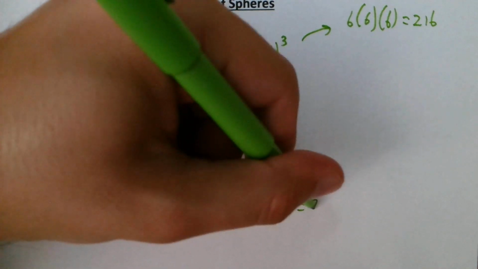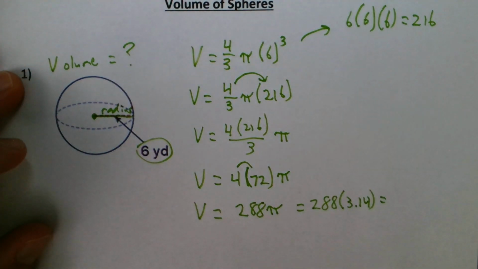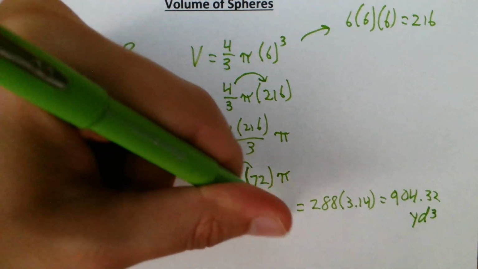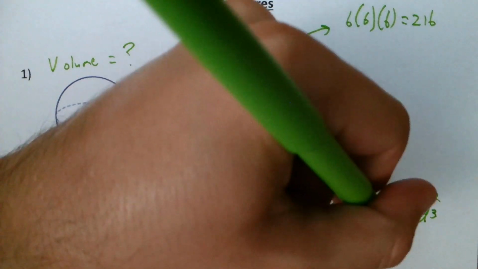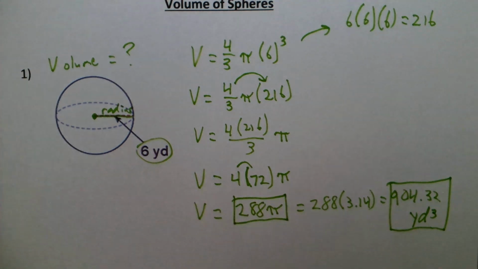Cool. Then if I set that to 3.14, that's going to give me 904.32 yards cubed, or cubic yards. So this is an acceptable answer for volume. So is this. Cool.